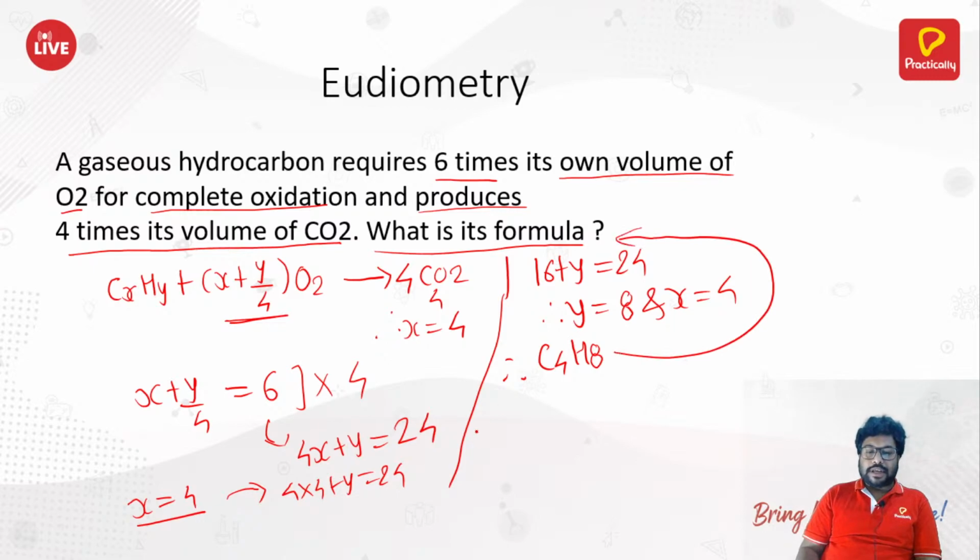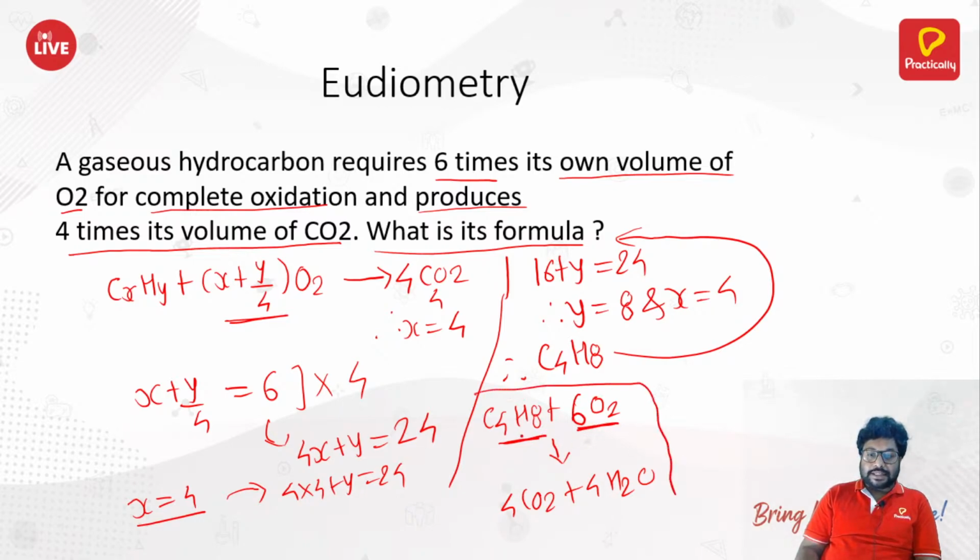Now let's confirm if it really requires 6 moles of oxygen or not. C4H8 plus, we don't know how many moles of oxygen, so I'll keep the place there. Now you get 4 CO2 plus 4 H2O. So 4 into 2, 8. 8 plus 4, 12, so yes, you require 6 times the volume of hydrocarbon as oxygen. You can see that clearly here.